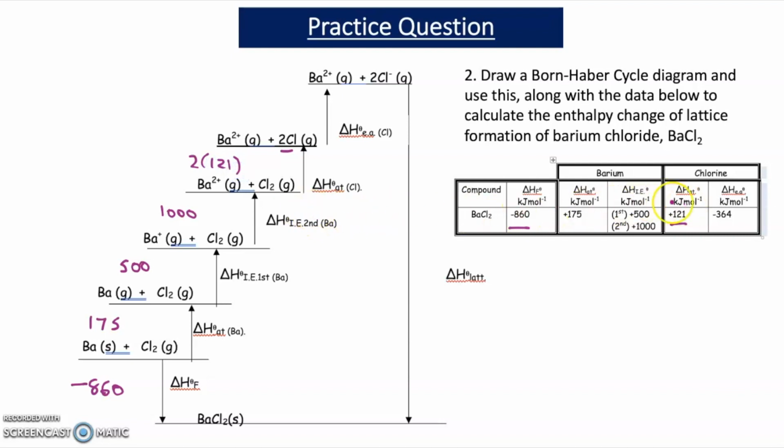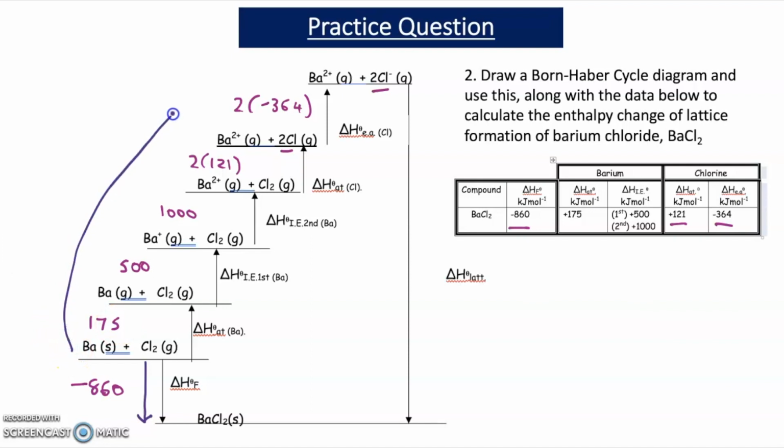I then have to convert Cl2, so chlorine gaseous molecules, to 2 moles of gaseous chlorine atoms. Now the enthalpy of atomization of chlorine is forming 1 mole of chlorine atoms, but I need 2 moles of chlorine atoms. So I have to times the atomization of chlorine value, 121, by 2, because I want to form 2 moles of chlorine atoms.